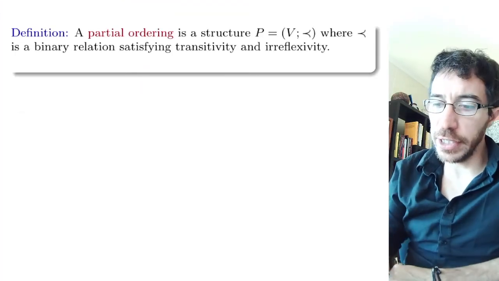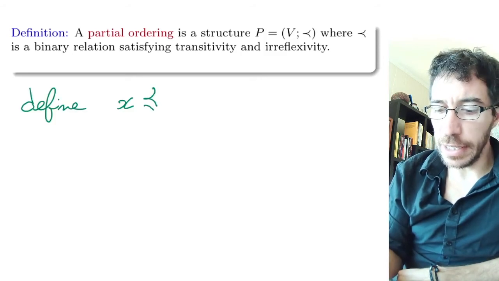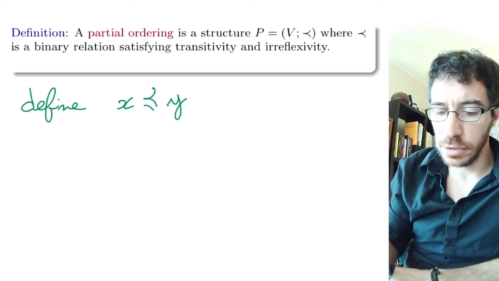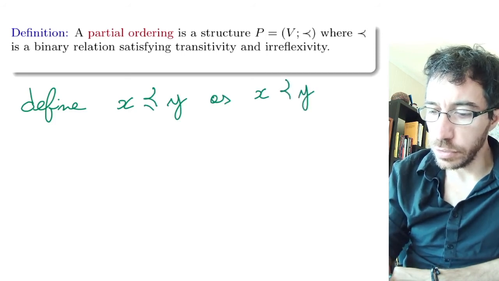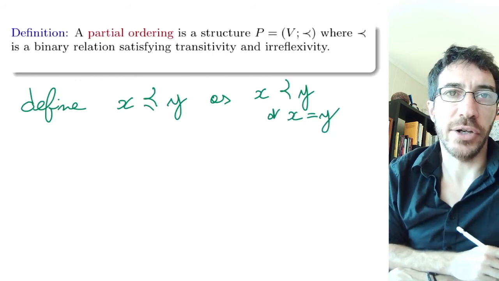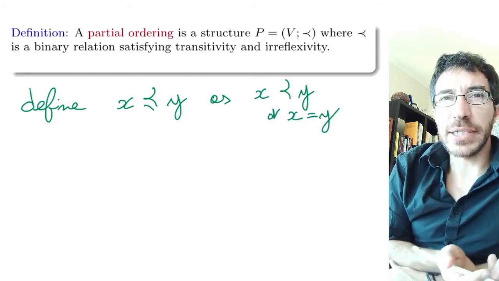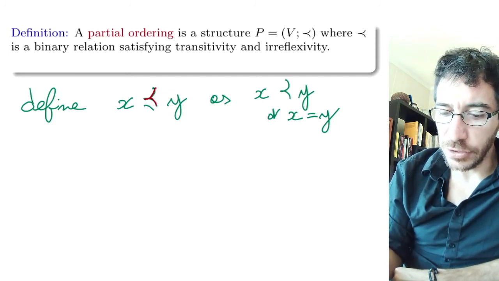One thing to comment here is that whenever you have a partial ordering, you can define a relation less than or equal as x less than y or x equals y, right? So we'll use that a lot. And sometimes partial orderings are defined using the less than or equal as the basic notion.